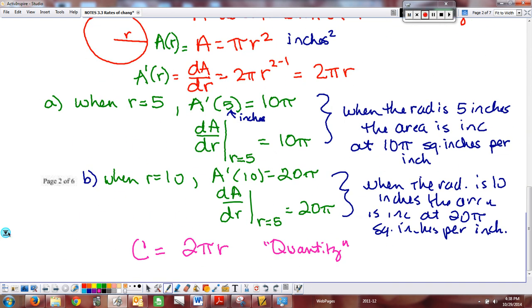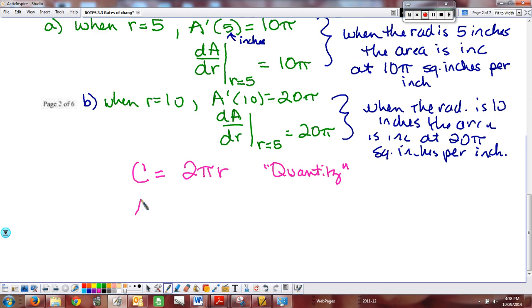So my derivative that I'm going to find, my C prime of r, and again, that's kind of thinking of this in function notation as C of r. C prime of r, also known as dC/dr, is going to be equal to the derivative of this, which is a power function with power of 1 times 2 pi, and then r to the 1 minus 1, which is r to the 0, and it's going to go away.